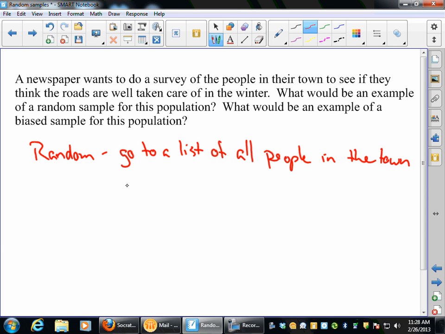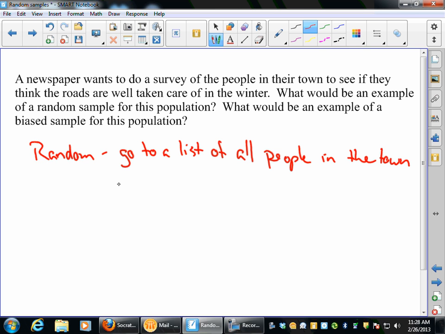There's lots of ways you could randomly choose them. You could ask the computer to randomly pick people. You could roll a die, and if it comes up five, we're going to pick every fifth person. If it comes up four, we're going to pick every fourth person and survey them.